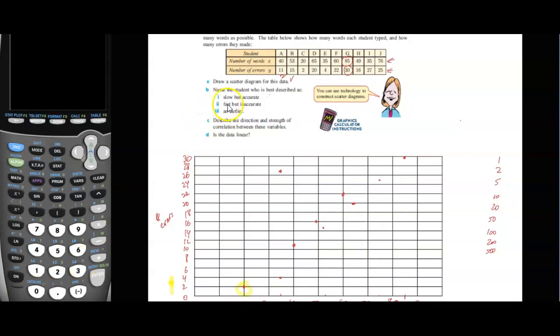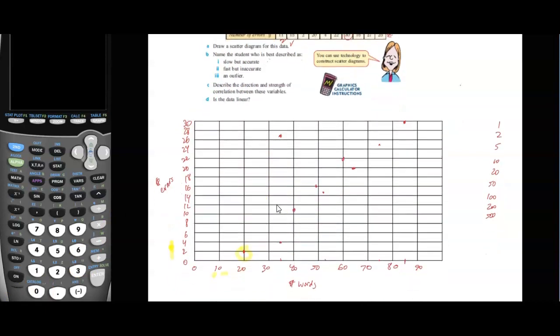So the next person they asked for is fast but inaccurate. That would be on the right side of the graph because it would be the higher number of words, and it would be the top of the graph because we were talking about a high number of errors.